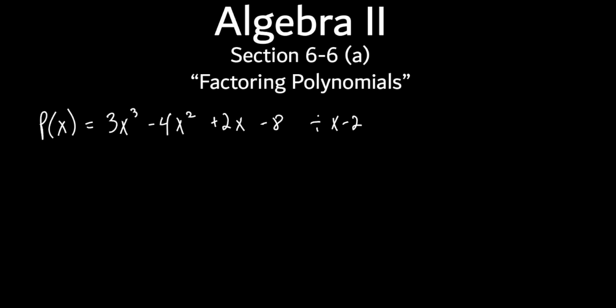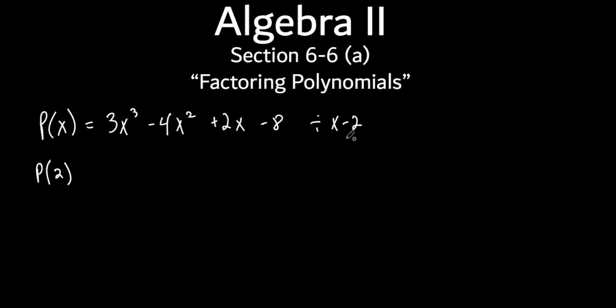I don't have to do the whole entire division to figure out what my remainder is going to be. This is basically what the remainder theorem says. If I put in, instead of P of x, what's my k? Do you remember this is x minus k? What's the actual k? Is it negative 2 or 2? It's 2. So what I'm going to do is put in P of 2.